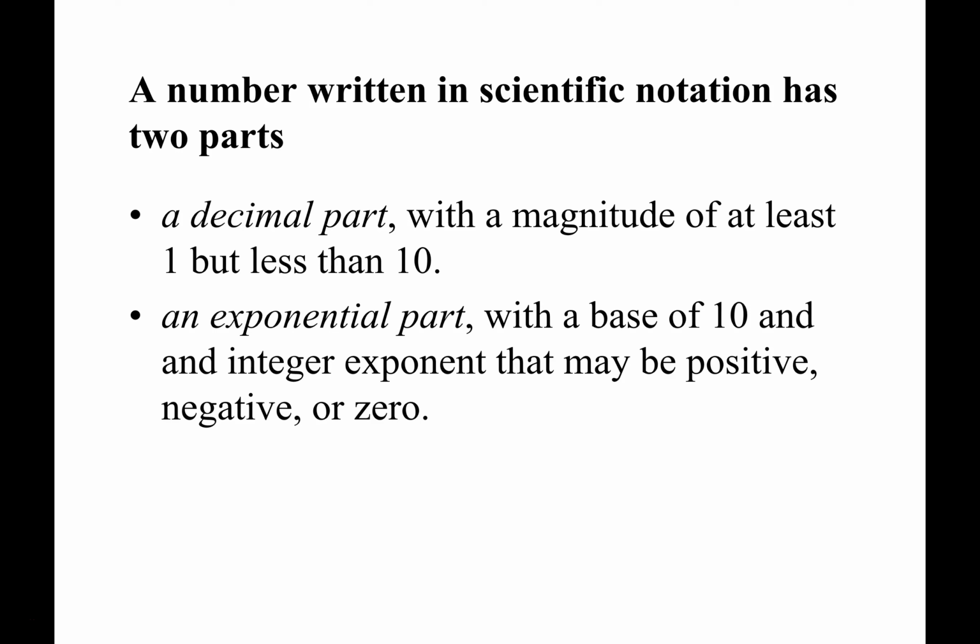So an example of a number written in scientific notation. I can just make up a random number. For instance, if I had a big number like 72,030,000. Let's say it's feet.